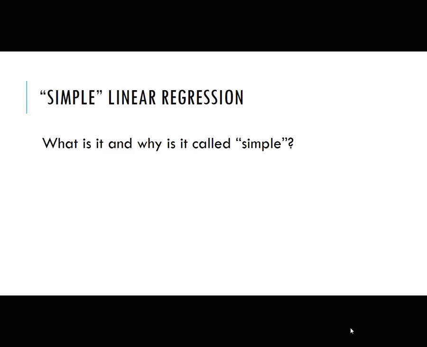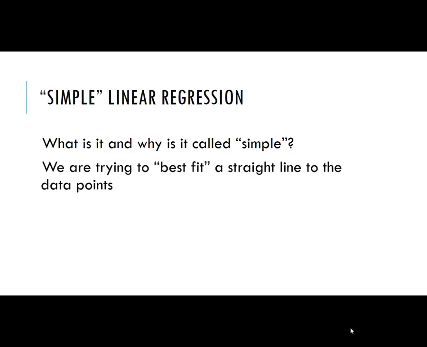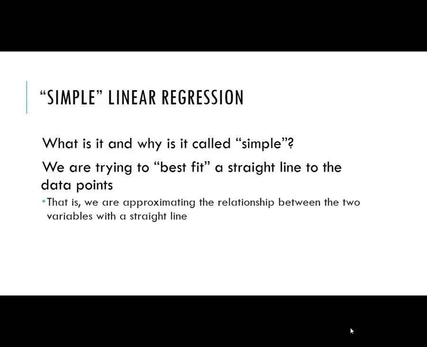Linear regression in general tries to find a straight line that is a good, quote, fit to the data points. So we're trying to best fit a straight line to those data points, and we'll talk more about what it means to be a best fit line in a little bit. We're approximating the relationship between the two variables with a straight line.